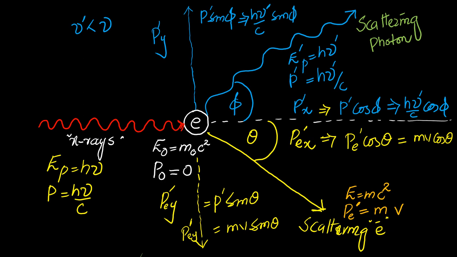So these are the key associated parameters when highly energetic X-rays are incident on an electron.